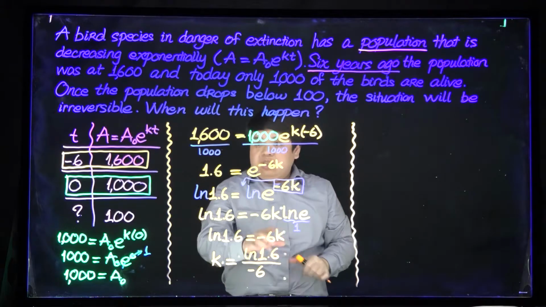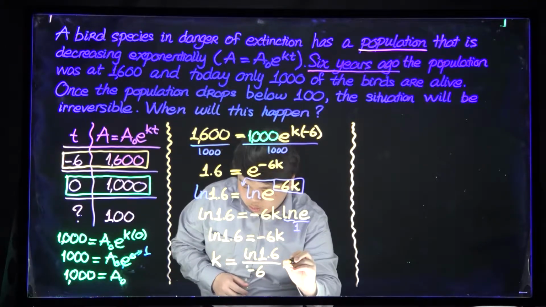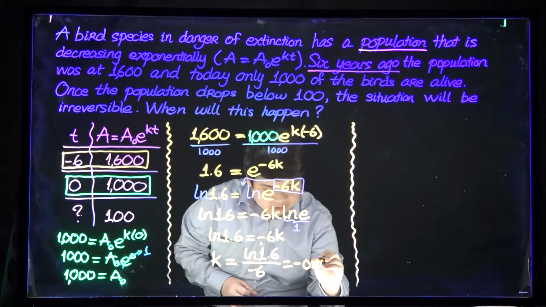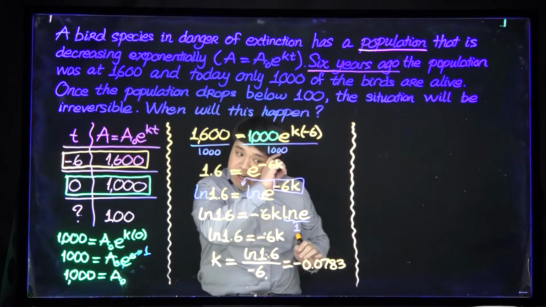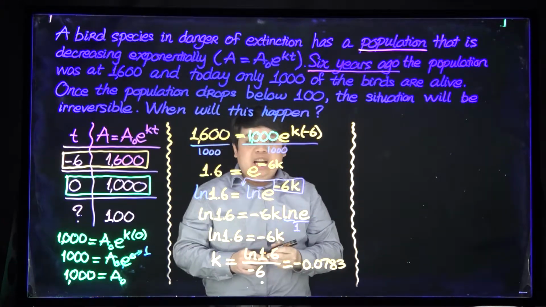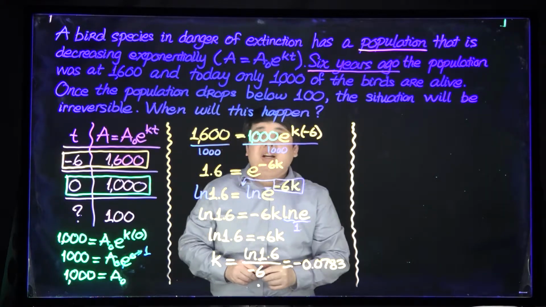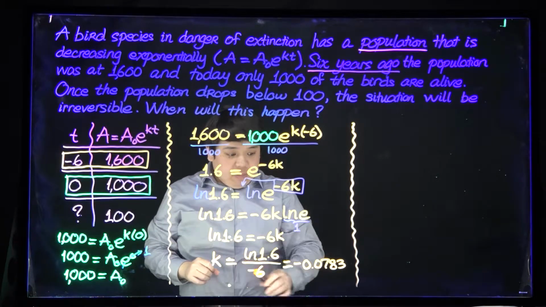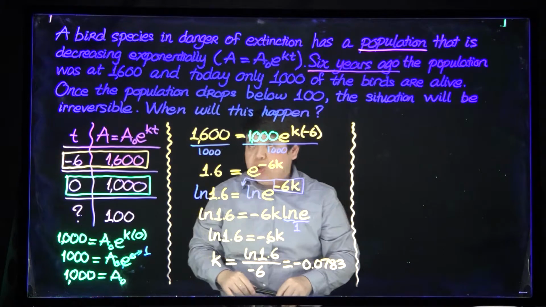We can leave it like that, or if we want the decimal approximation, it will be about -0.0783. It makes sense now that the rate is negative because the population is decreasing, so the rate is supposed to be negative, which is good.